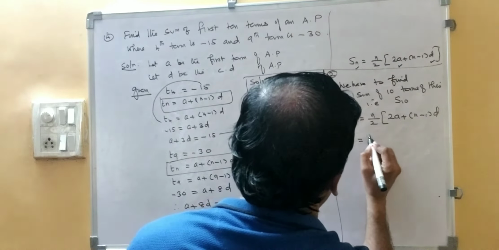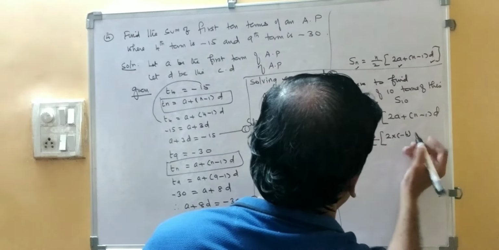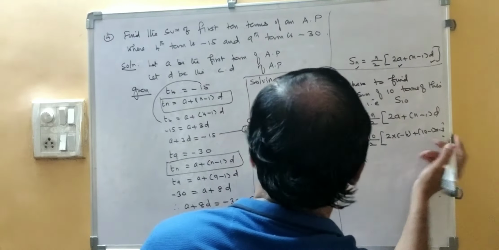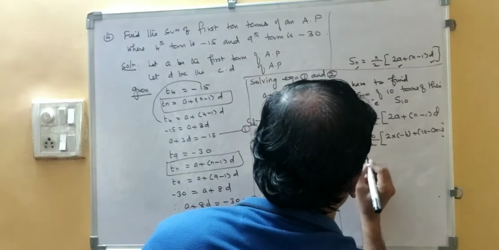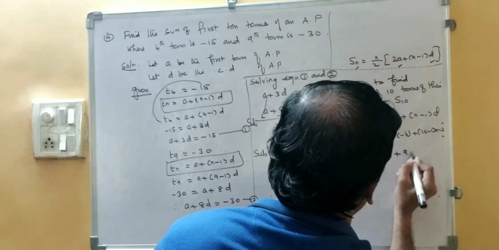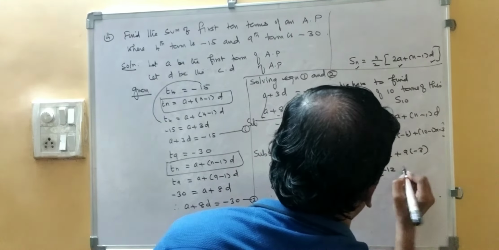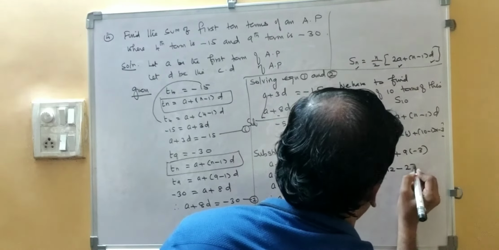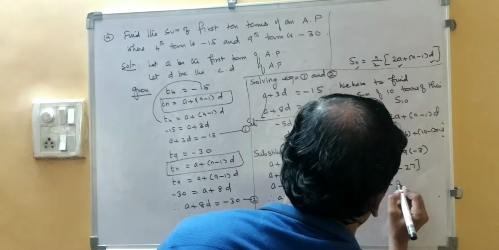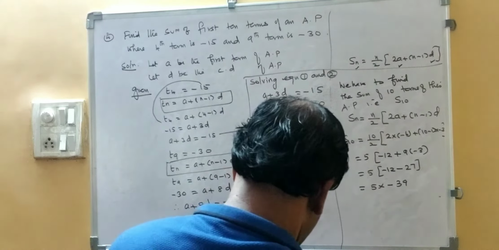So S10 equal to 10 upon 2 into 2 into minus 6 plus 10 minus 1 into minus 3. So equal to 5 into minus 12 plus 9 into minus 3. So 5 into minus 12 minus 27. 5 into minus 39 is equal to minus 195.